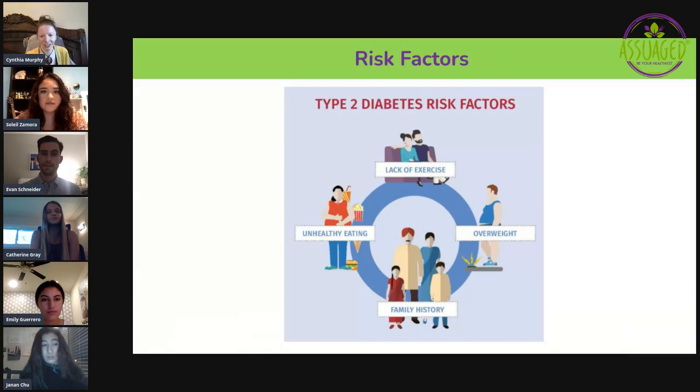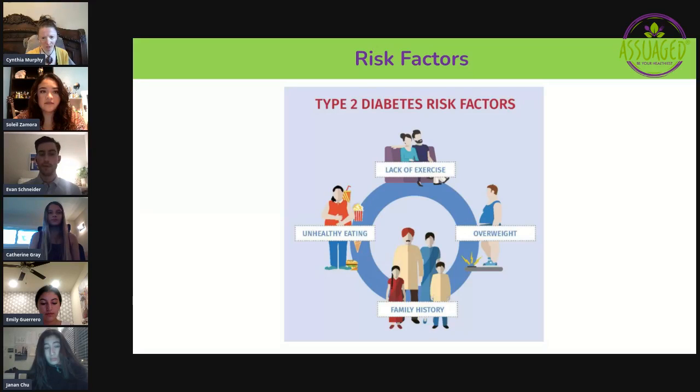In terms of the risk factors for diabetes, what puts you at risk for type 2 diabetes is, number one, being pre-diabetic. What that entails is being overweight, being 45 years of age or older, having a parent, brother, or sister with type 2 diabetes, being physically active less than 3 times a week, having gestational diabetes at one point in your life, which is diabetes during pregnancy, or having given birth to a baby who weighed more than 9 pounds.